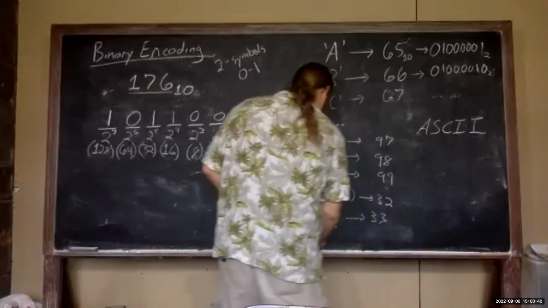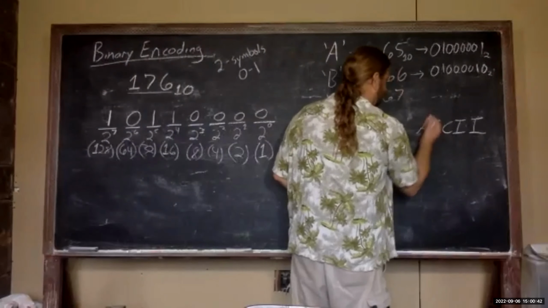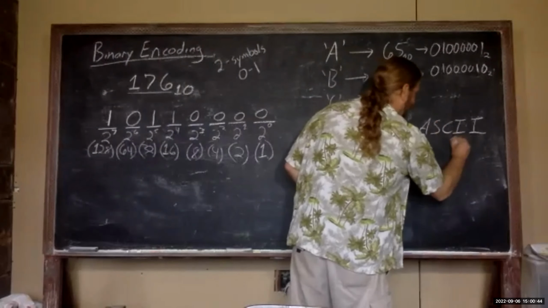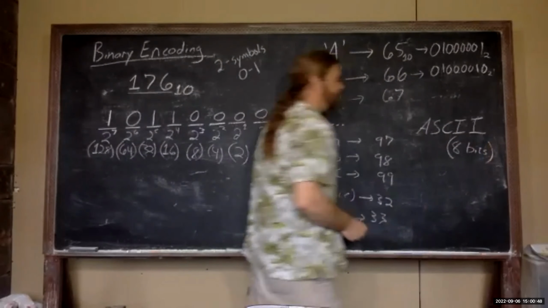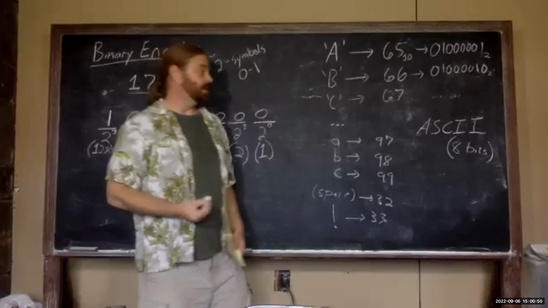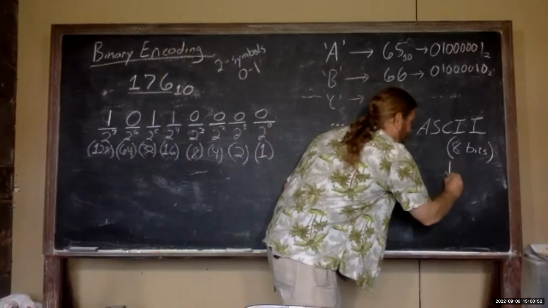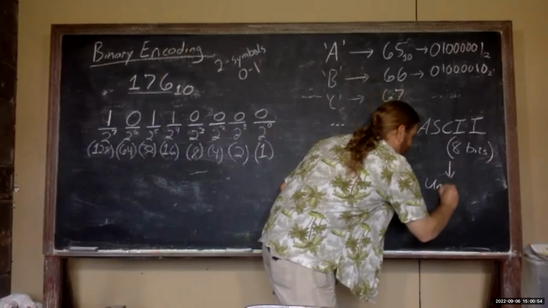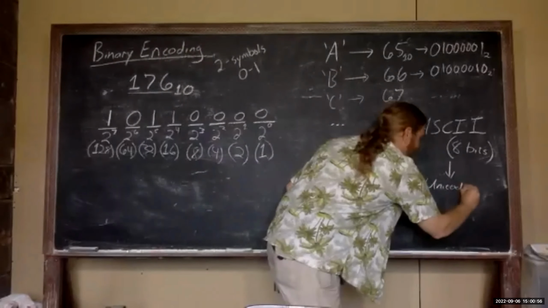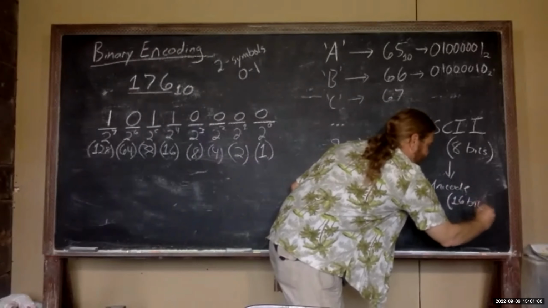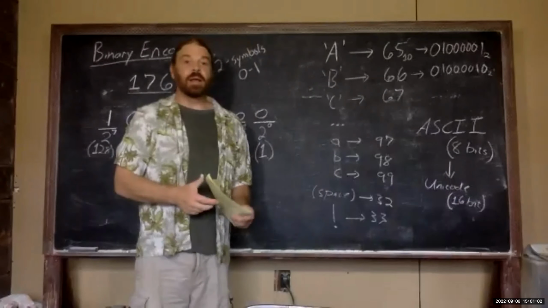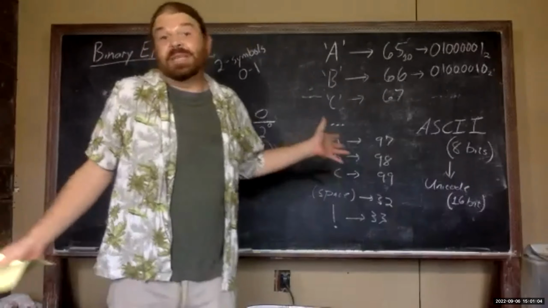extended that into Unicode. So ASCII is 8 bits, or 255 symbols, but humans have a lot more than that, so we extended to Unicode, which is a 16-bit system for encoding those. But it is an extension, it wasn't a replacement.